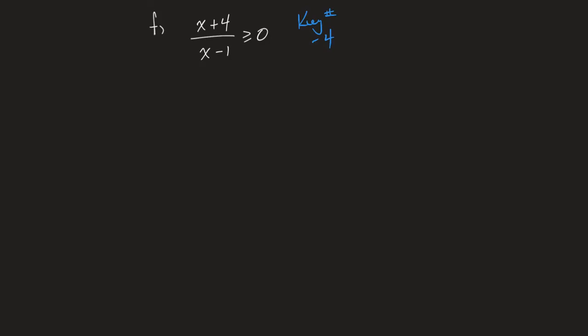Notice on the bottom, what makes my bottom equal to 0? 1. And if I go on either side of 1, then my denominator changes signs. So -4 and 1 are my key values. If those are the only values where my top and my bottom change from positive to negative or vice versa, then why don't I just test those values or on either side of those values?